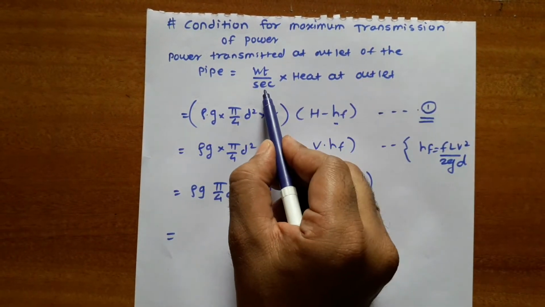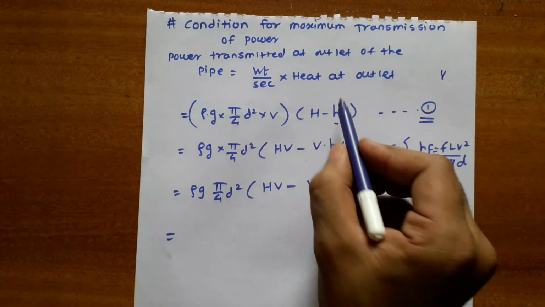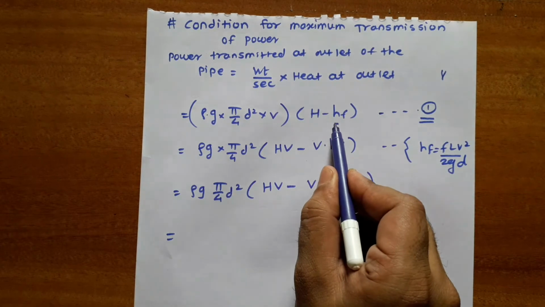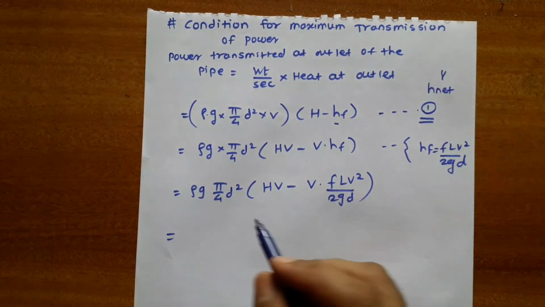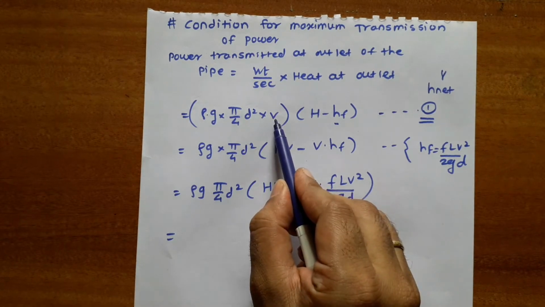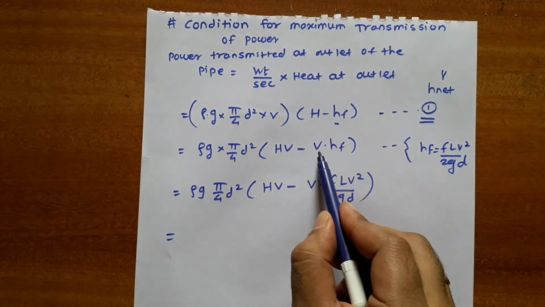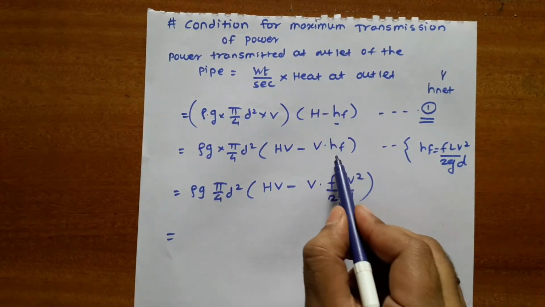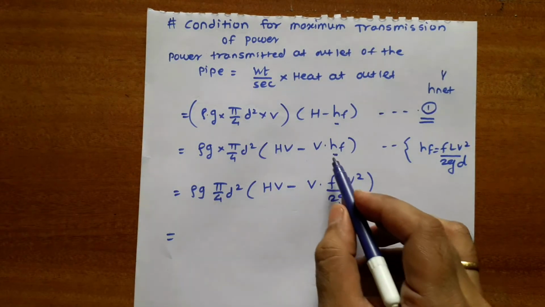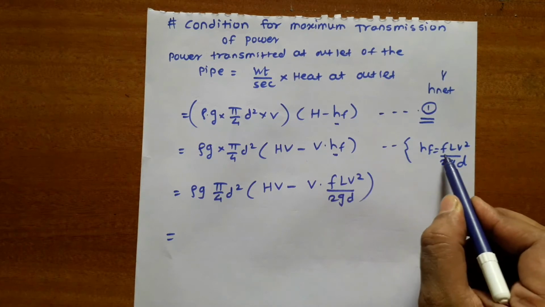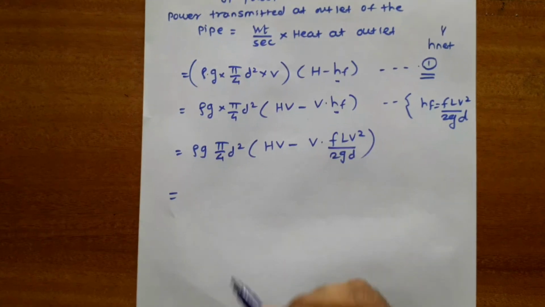The weight per second we can calculate from the specific weight gamma, and the head at the outlet is H minus HF, which is H net. Multiplying by V into H minus HF, we get HV minus V HF. But we know HF is the head loss value, which is FLV square by 2GD. Put this HF value in this equation and simplify.